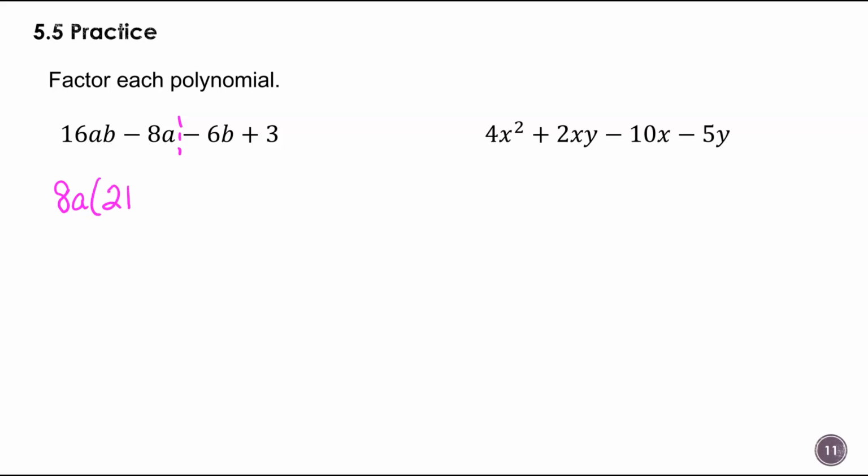I'm left with 2b minus 1. My common factor for the next pair would be negative 3. And that leaves me a 2b minus 1. So my common binomial is 2b minus 1. And my other binomial is 8a minus 3.